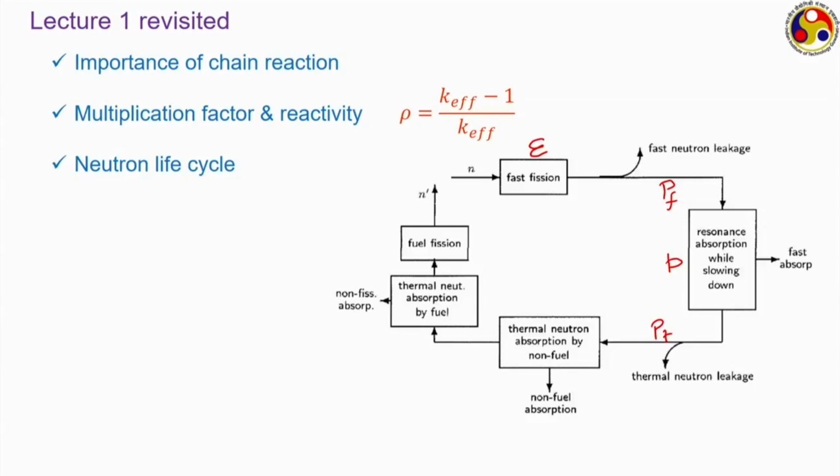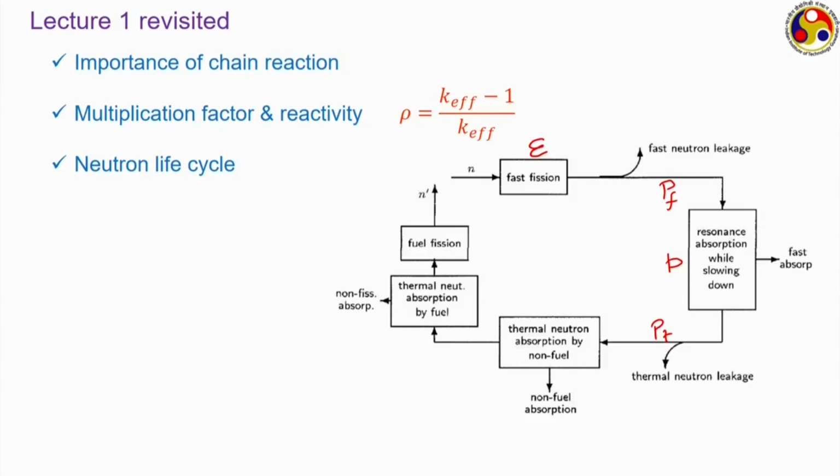But there is not only fuel, there can be several other elements also which are absorbing these thermal neutrons, like the moderator, the coolant itself, and several other elements, like the control elements, etc.